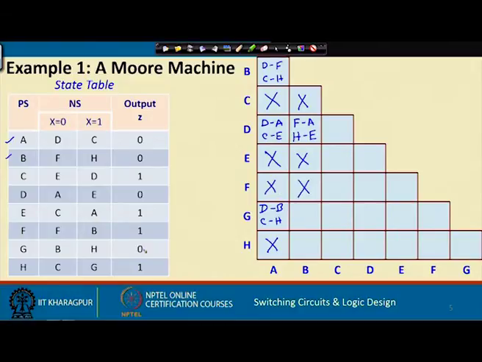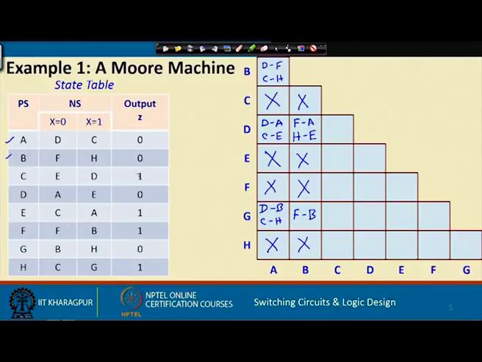B and G outputs are the same: F B, H maps to itself. So, we are not writing H, only F B, the ones that are different. B and H outputs are different.